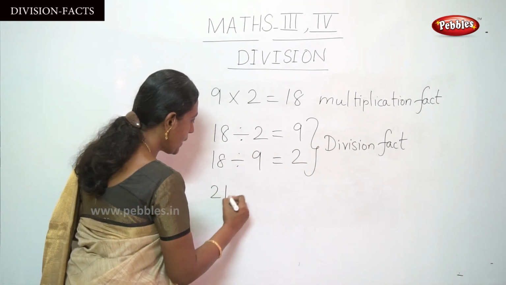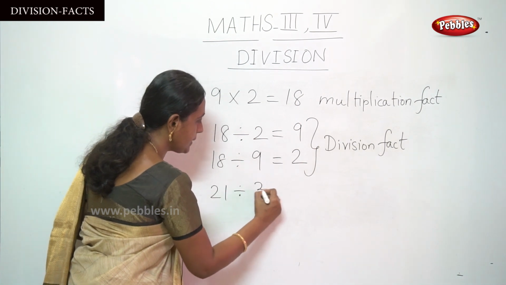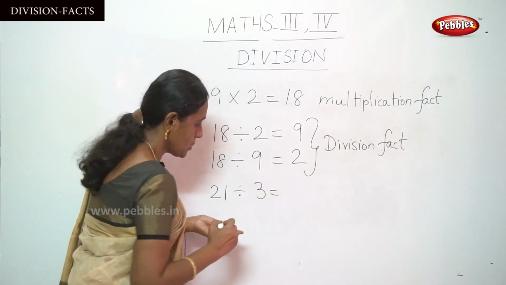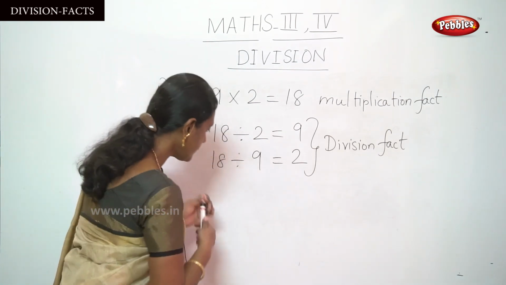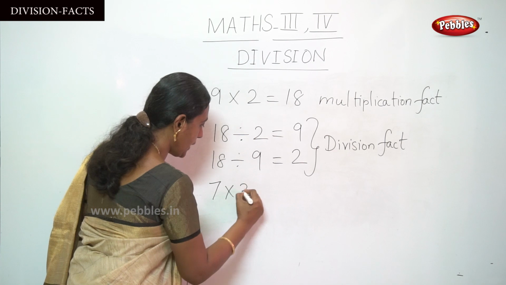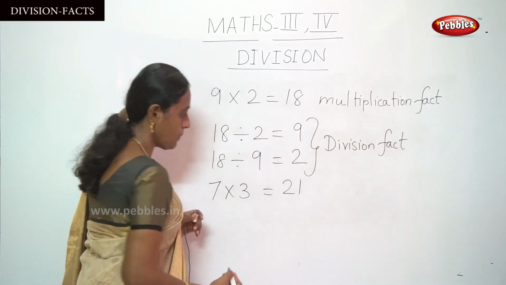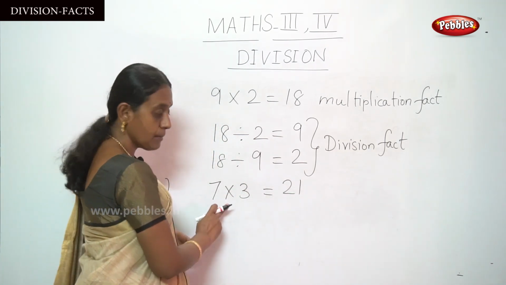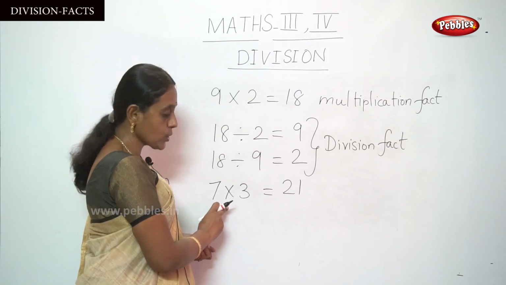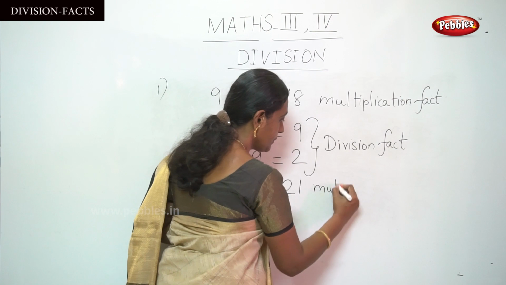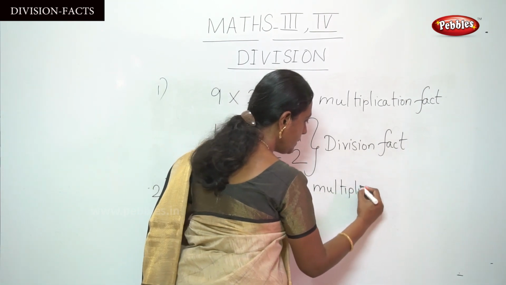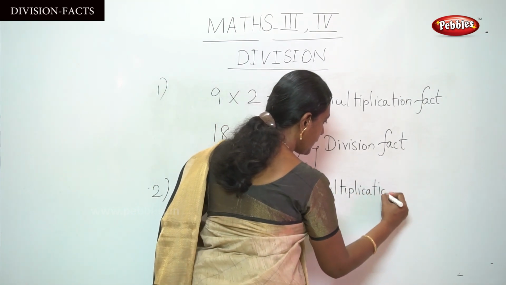Okay, I am going to write the multiplication, that is 7 into 3 equal to 21. Okay, this is a multiplication sign. So this is called a multiplication fact.